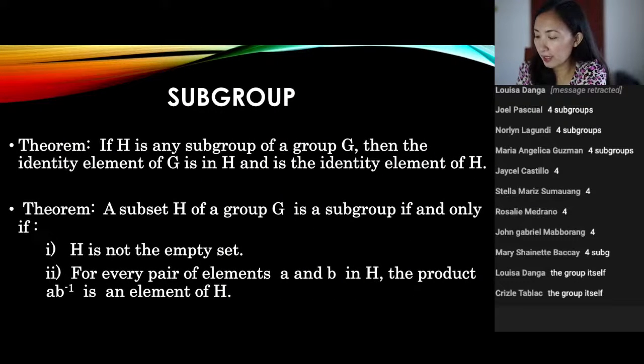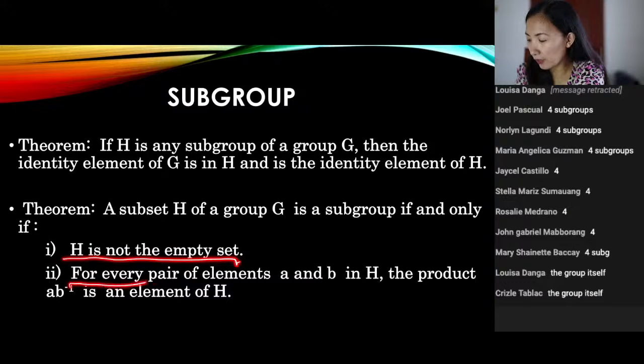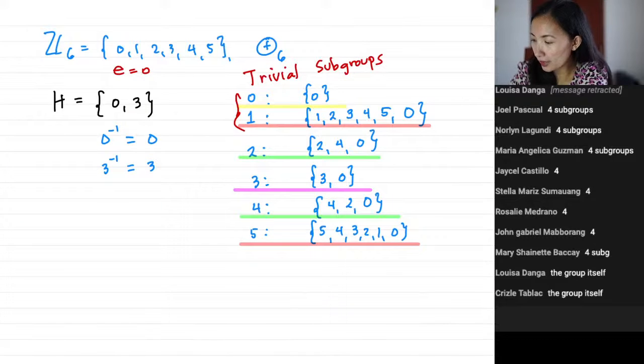Another theorem says, a subset H of group G is a subgroup if and only if H is not an empty set, and for every pair of elements A and B in H, the product of A times B inverse is in H.